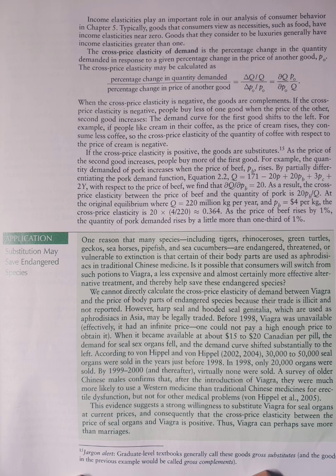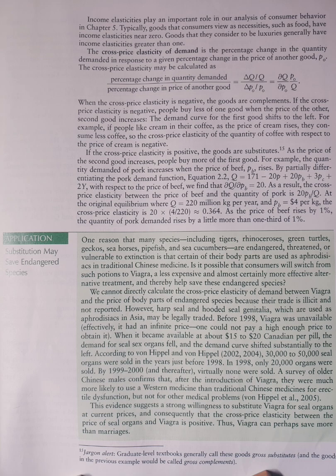The demand curve for the first good shifts to the left. For example, if people like cream in their coffee, as the price of cream rises, they consume less coffee. So the cross price elasticity of the quantity of coffee with respect to the price of cream is negative.